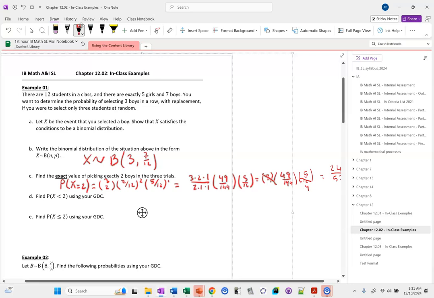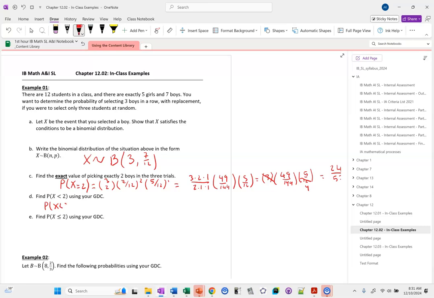Find the probability that x is less than 2 using your graphing calculator. So reminder, if I'm going to use my graphing calculator for an inequality, it has to be of the form less than or equal to.